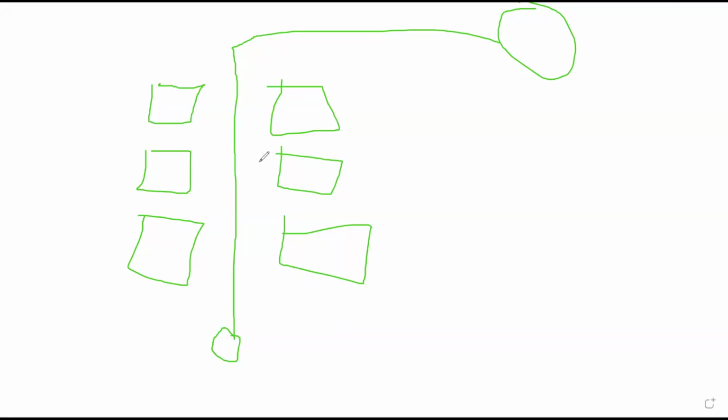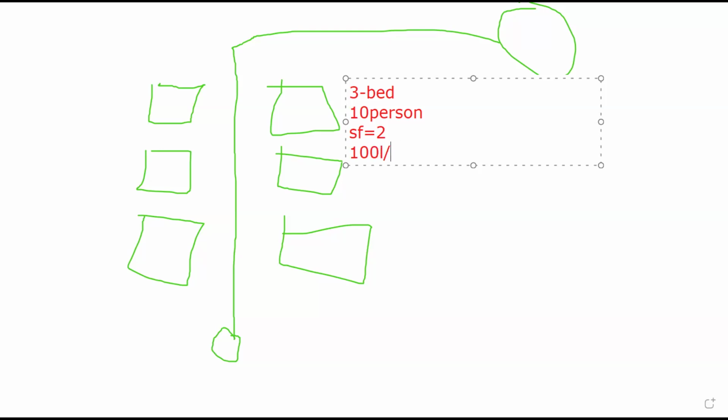Listen to this. Let's say each of these houses is like what we did last week: 3-bedroom, and we said 10 persons per house, and we said the safety factor is 2, right? And we said the water demand per capita per day is 100 liters per capita per day.